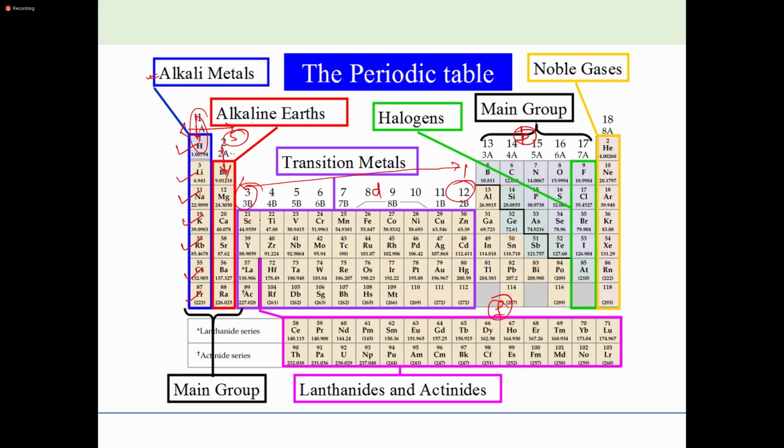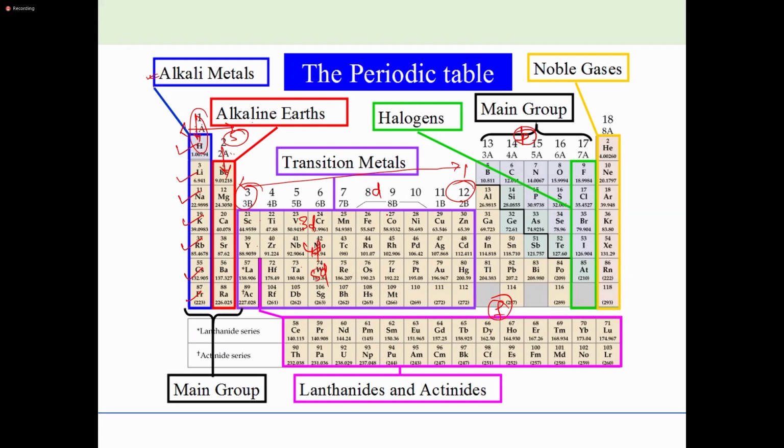This is the 3D transition metal, this is the 4D, this is the 5D, and then the lanthanides and actinides, but we are not going that far. We will only study the 3D metals, 4D metals, and 5D metals. These three periods of metals are called the transition metals.